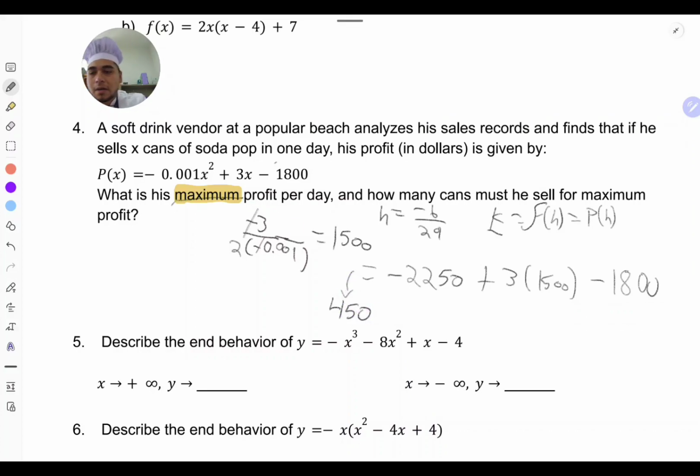So our x-coordinate is 1500, our y-coordinate is 450.